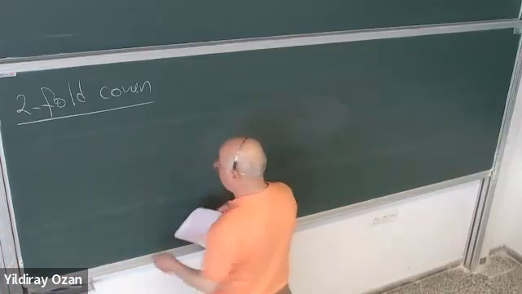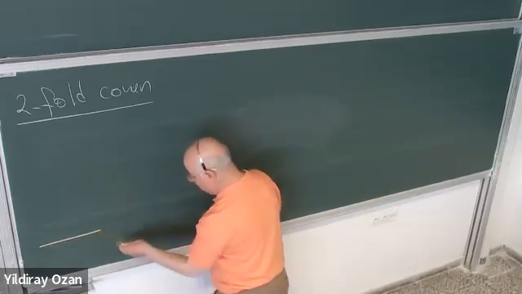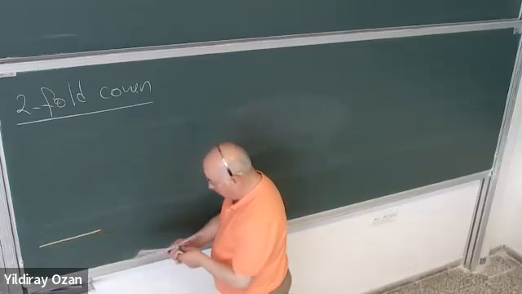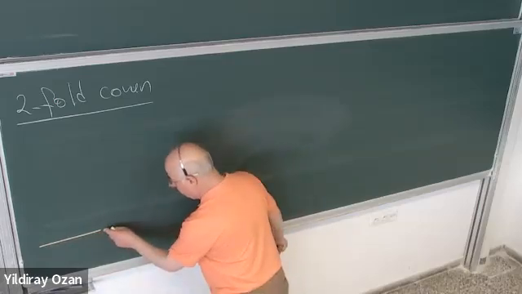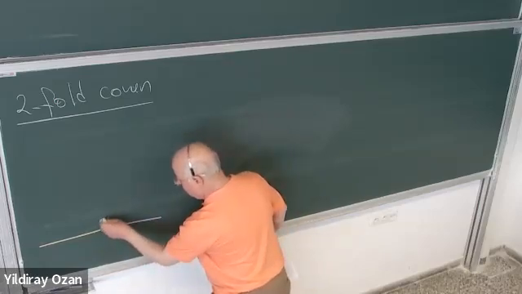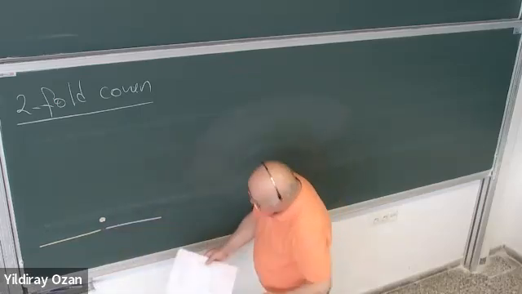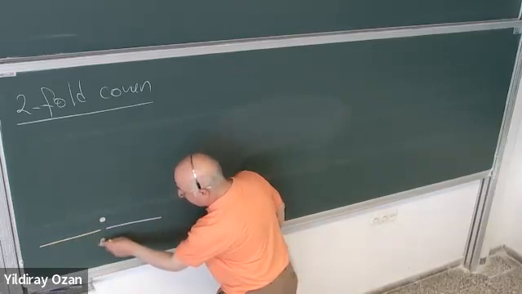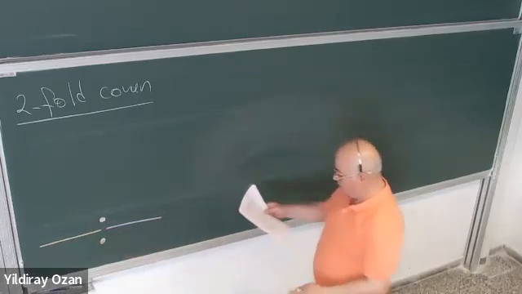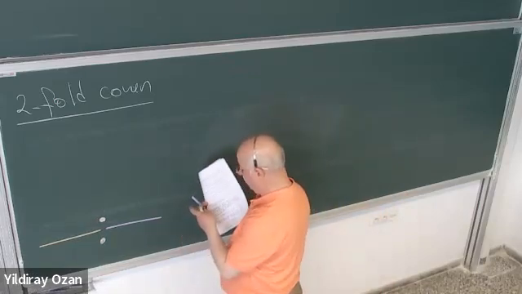Suppose that X is this. And then I have this, and here a white dot and a green dot.